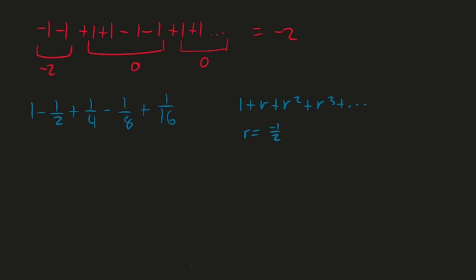And if we remember when we were first taught geometric series, this sequence converges to 1 over, is it r minus 1, I think? Let me just check that. 1 over, it might be, hang on, that's wrong, it's been a minute. 1 over 1 minus r, I think it is.